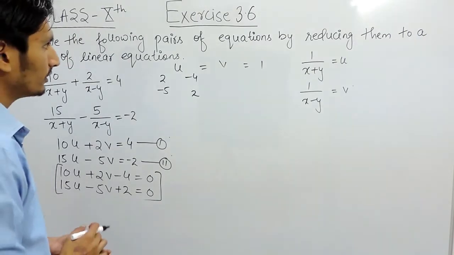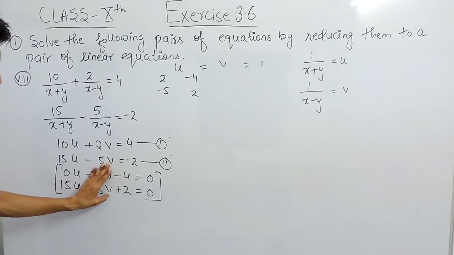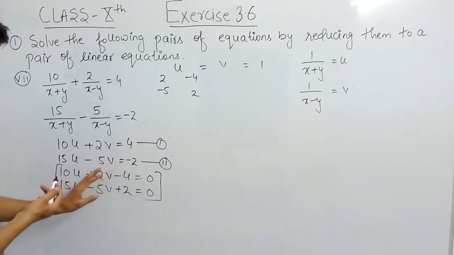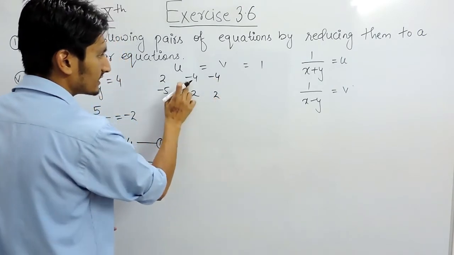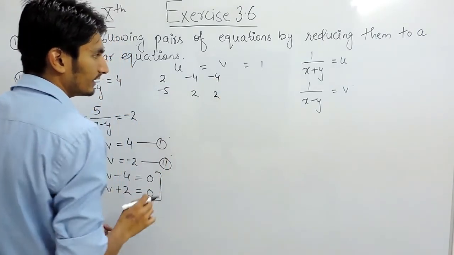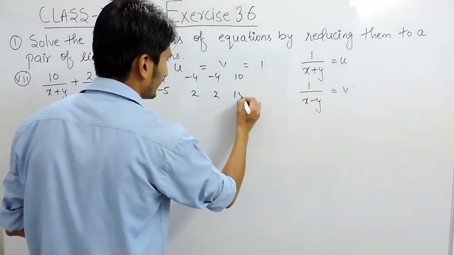And for v, you have to ignore the coefficient of v and write the other two coefficients. So this is minus 4 and 2, and the remaining ones are 10 and 15.